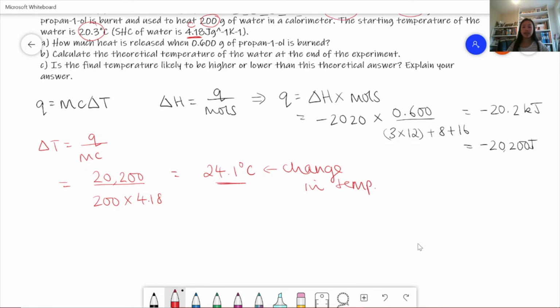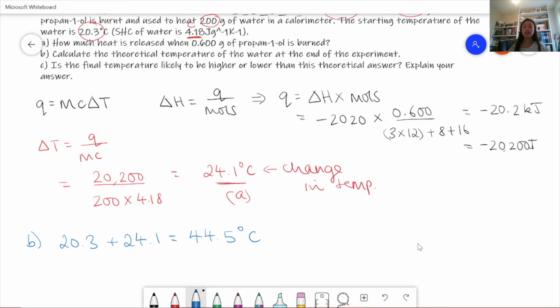So this is the answer for A. And then for B, we do 20.3, which is the starting temperature of the water. And then you add on the 24.1 because it's exothermic. And then you get 44.5 degrees Celsius.